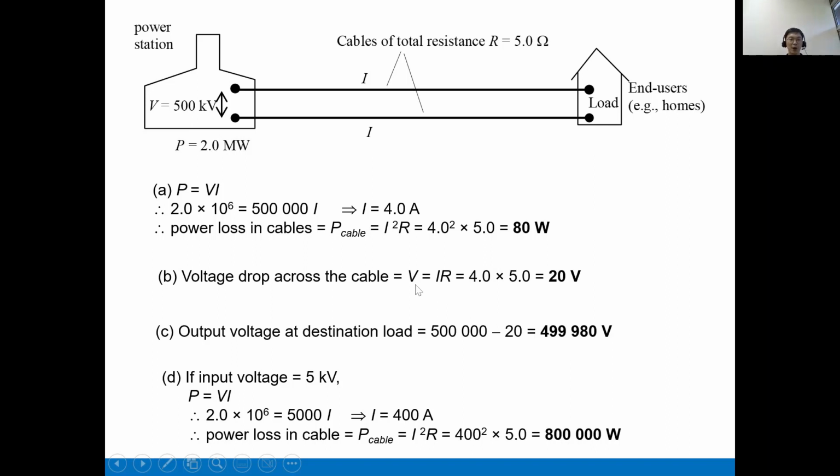So for a power station of 2 megawatts, you are losing 800 kilowatts, which is 0.8 of a megawatt. That's essentially saying for every $5, you are roughly losing $1. I think that's not very smart. Whereas in the previous example, you're only losing 80 watts, which is a fraction of a cent for every dollar of power you have.